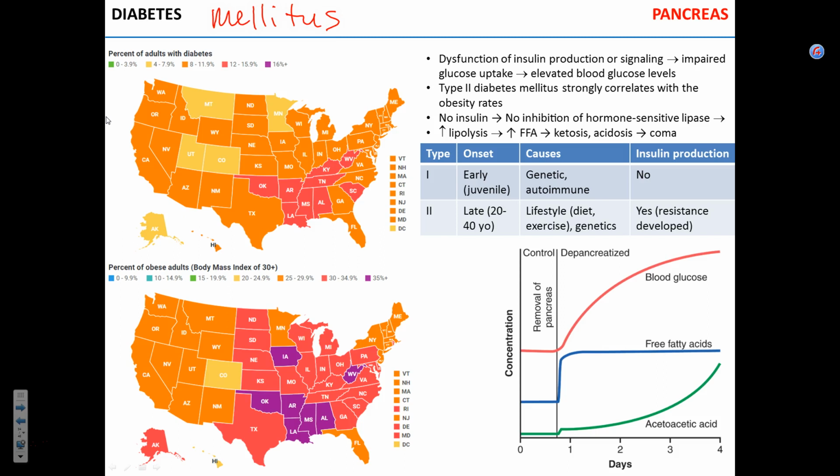In diabetes mellitus, either insulin is not produced or insulin signaling doesn't work. Either way, if there's not a lot of insulin or insulin doesn't work, glucose cannot be taken into the cell. Does that make sense?